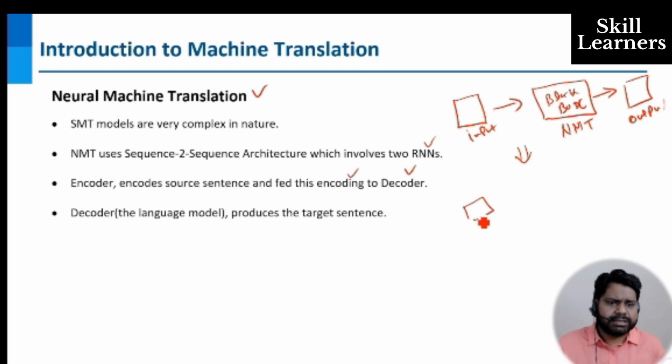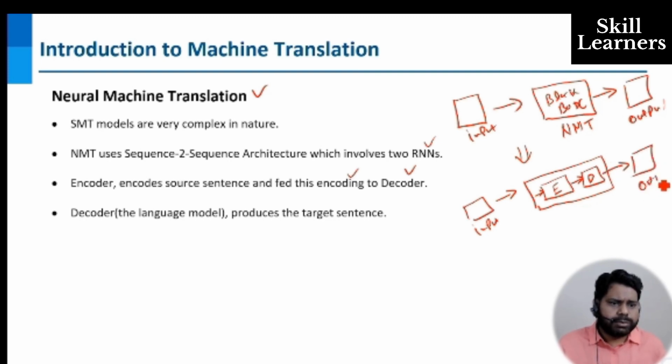What is happening? Let's say we have input. This input goes to this sequence to sequence model. Here we have encoder, we have decoder. I'll just write E and D for the same. So it goes to encoder, then encoder encodes it, sends it to decoder, and then decoder decodes it and produces the output.